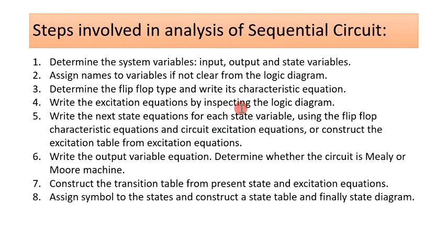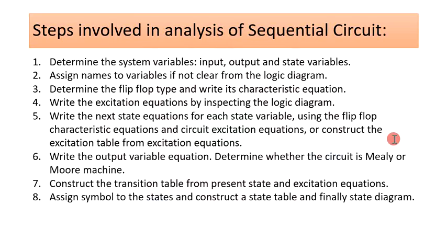The fifth step would be to write the next state equations for each state variable using the flip-flop characteristic equations and circuit excitation equations, or construct the excitation table from the excitation equations. The sixth step would be to write the output variable equation and determine whether the circuit is Mealy or Moore machine.